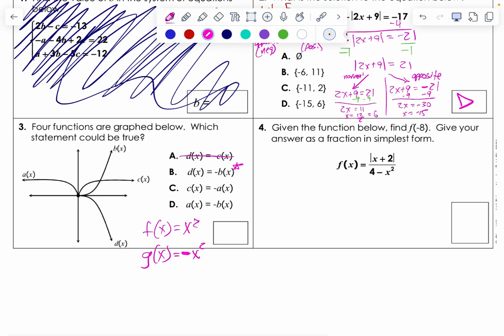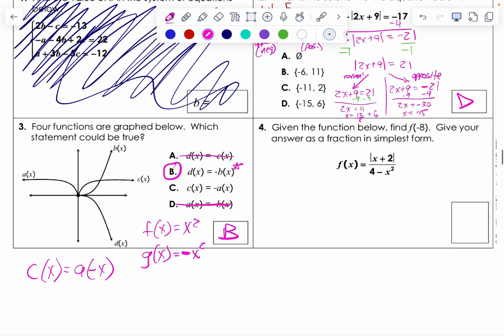Yeah, so for that to be true, it would have to be C of x equals A of negative x. And the negative would have to be put inside parentheses. That's the y-axis reflection. Okay, and then A and B, those don't even look alike at all. So now we know it's B. So that was just checking, do you know what a negative sign out front does?